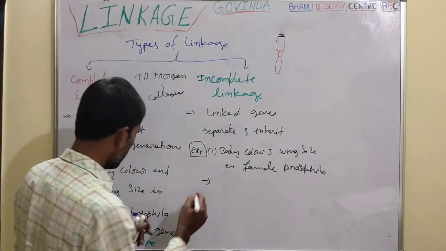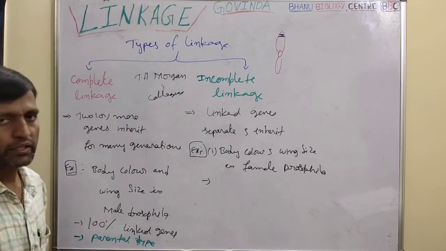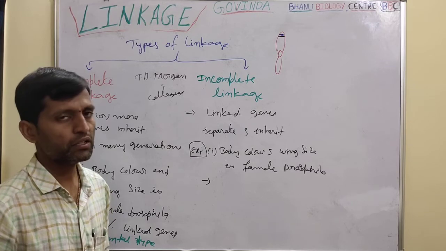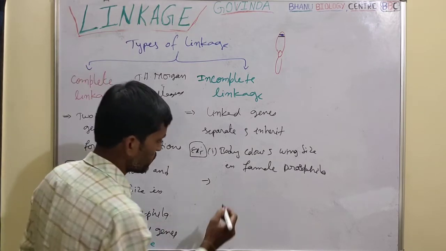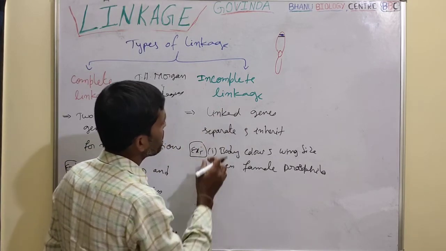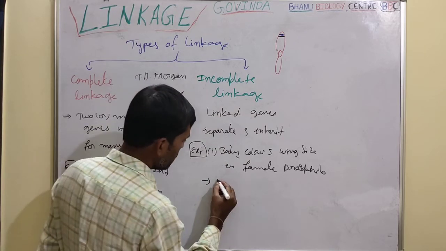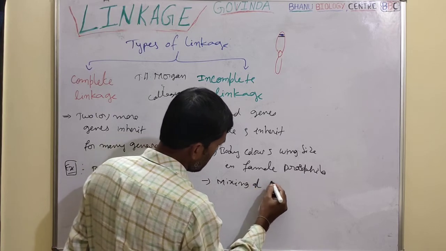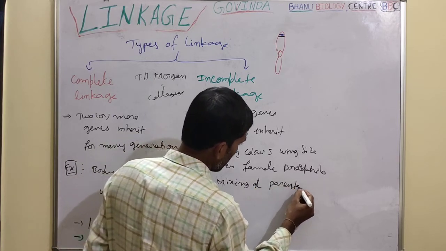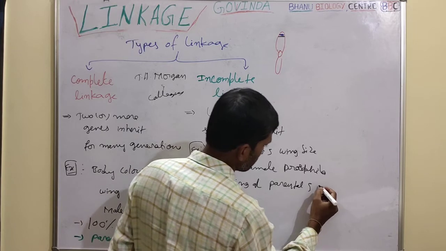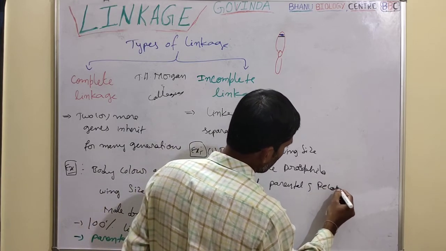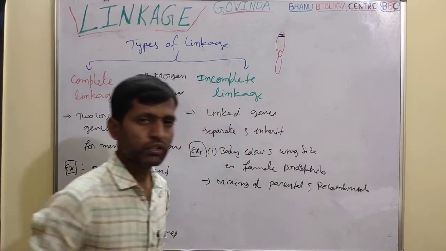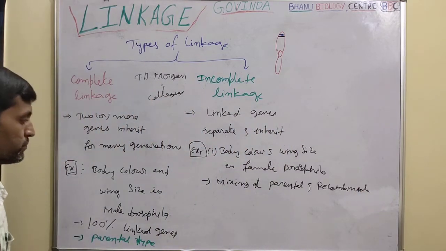Here 100% of linked genes are not inherited, so recombinants can be produced. So incomplete linkage ensures a mixing of parental type and recombinant type progenies are produced.